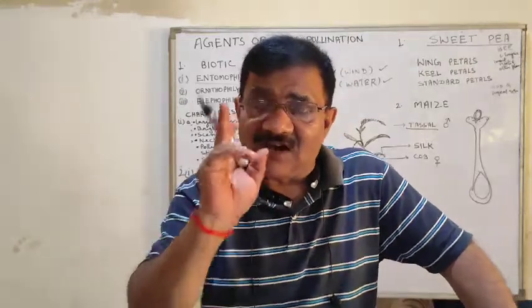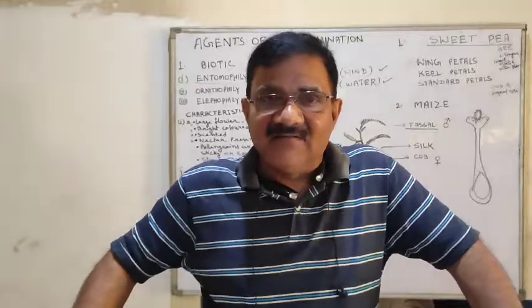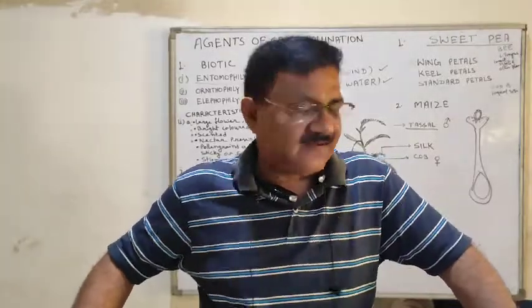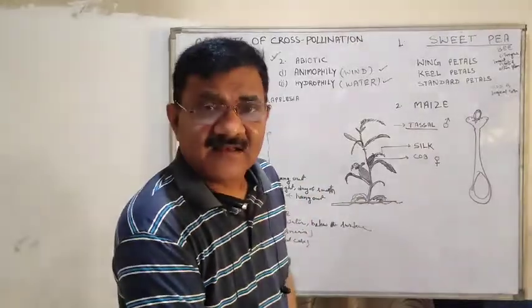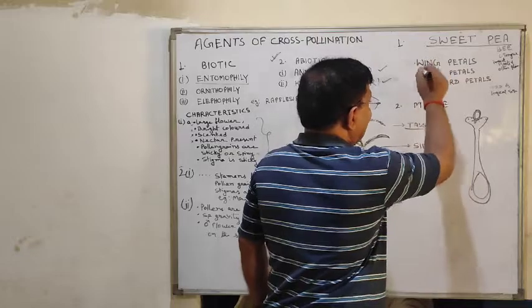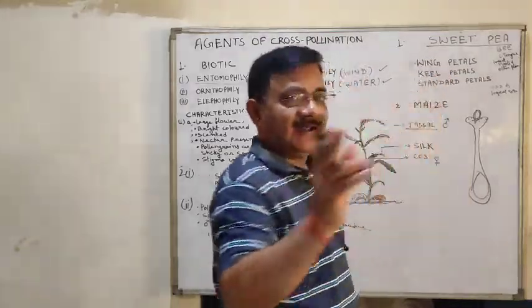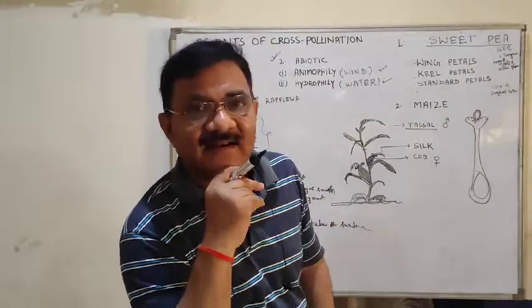I am talking about the colored part, the petal, which is colored to attract the insects. There are three types of petals in sweet pea: wing petal, keel petal, and standard petal.